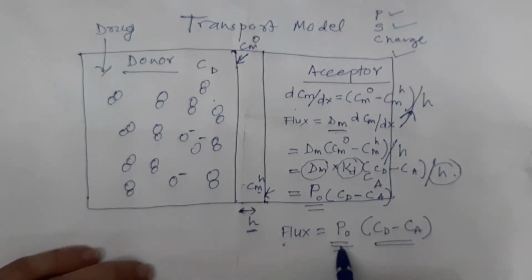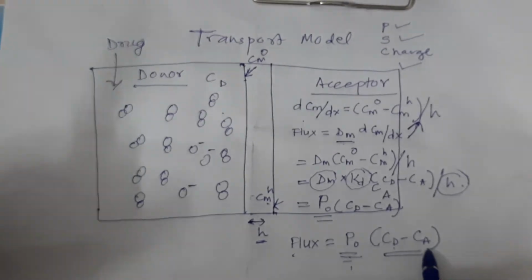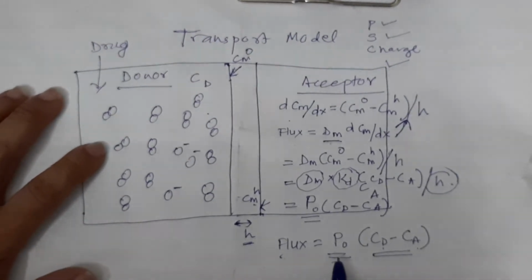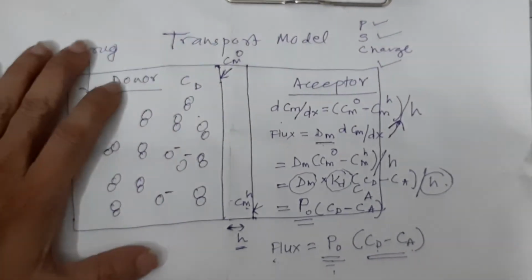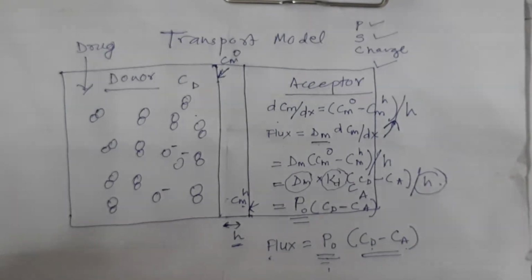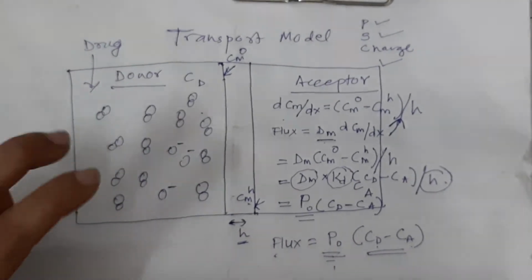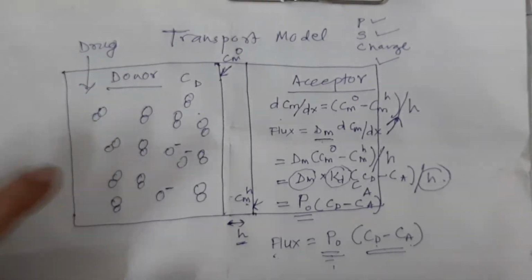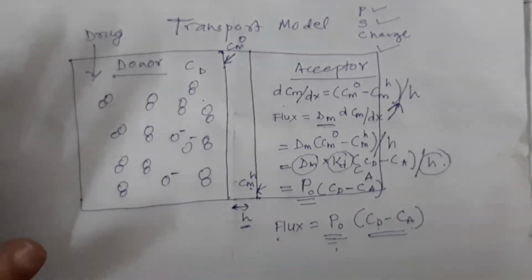So permeability and the concentration of the drug in the donor and acceptor compartments depend upon the solubility properties and the charge of the drug. Like this we can study the transport model, and this is a basic model which can be used in the measurement of physicochemical parameters and interpretation of their role in the absorption process of the drug. Okay, thank you.